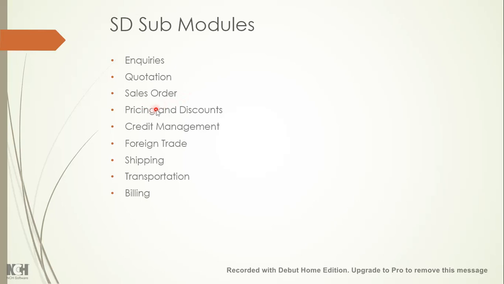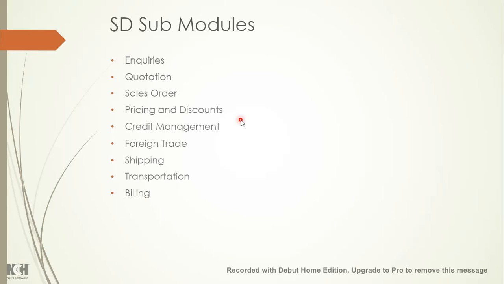Then you learn pricing and discount. When you create a sales order, to get to the price of a product, you go through this submodule, pricing and discounts. So you define different condition types. It will start with your base price, which could be the standard cost price of the material.